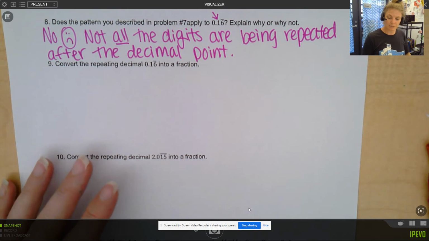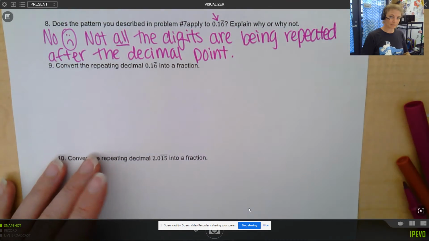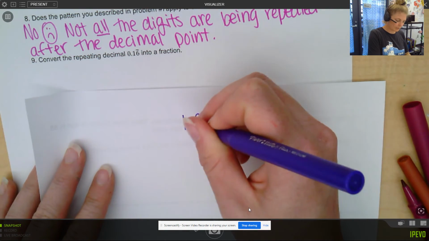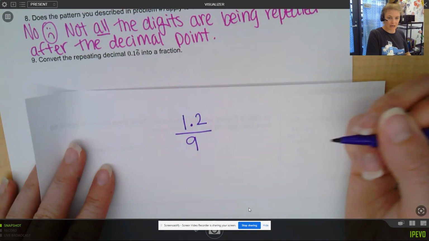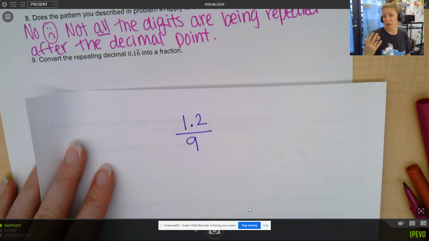What's really important here is we have to remember we cannot leave decimals inside a fraction. For example, if you had like 1.2 over 9, you can't leave it like this. We don't put decimals in fractions. We don't put fractions in fractions. And I don't know how you put a fraction in a decimal, but you can't do that either. It's not simplified all the way.